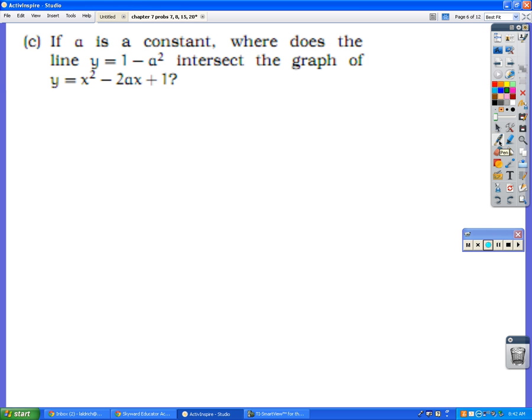If a is a constant, where does the line y equals 1 minus a squared intersect the graph of... What do we do with this? Set them equal to each other. So x squared minus 2ax plus 1 equals 1 minus a squared.